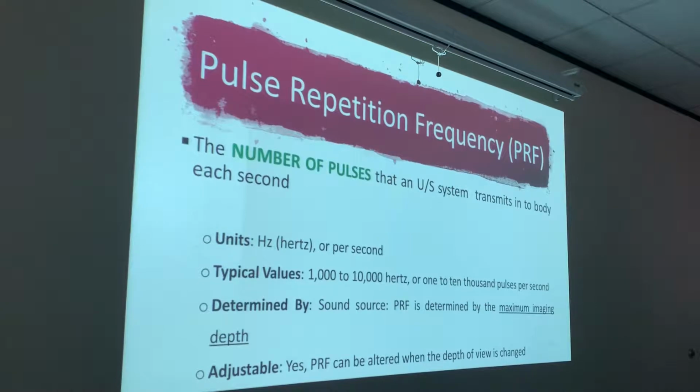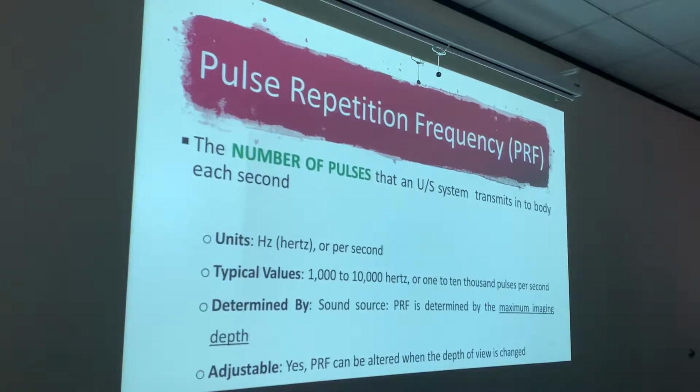Okay. So if I'm looking at a shallow image, let's say this line right here is 1 second. Which one of these would be more frequent, the shallow imaging or the deep imaging? Shallow, right? Because I'm able to send out another pulse sooner because my reflected sound waves are coming back a lot faster.